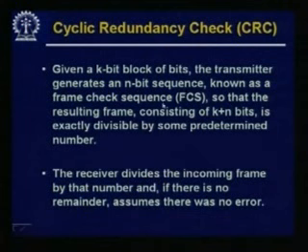So, this is the scheme. You look at the data as a number, find this CRC, and add it on, so you get a longer number. This longer number is supposed to be divisible by that polynomial which the receiver side knows. The receiver side will do its own division, and if the division is okay, then it will assume that there is no error. If it is not okay, then obviously there is some error.